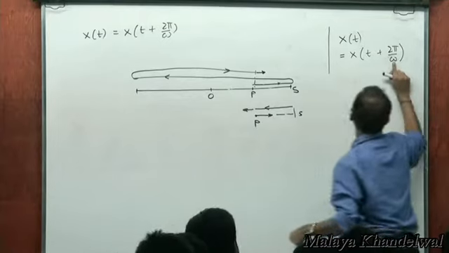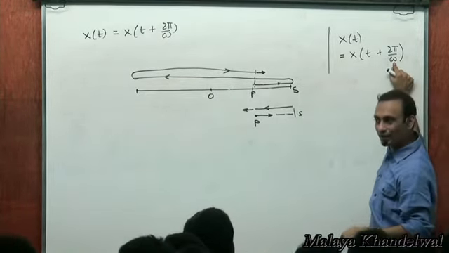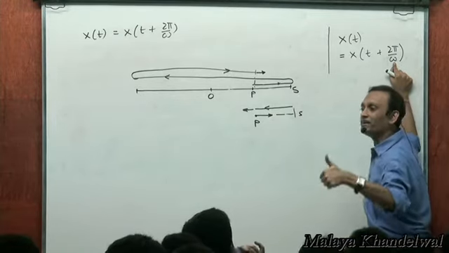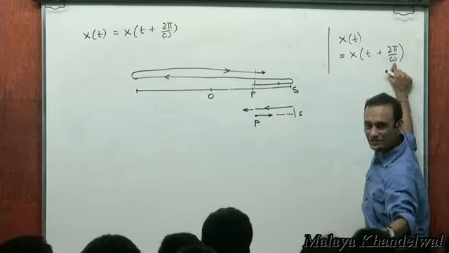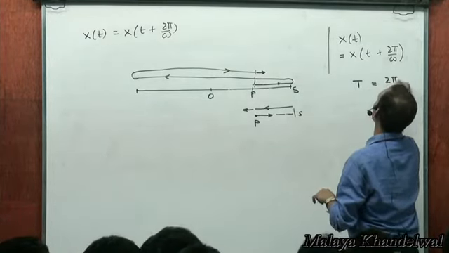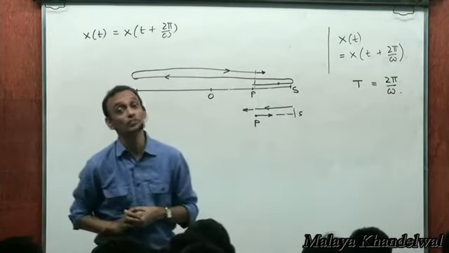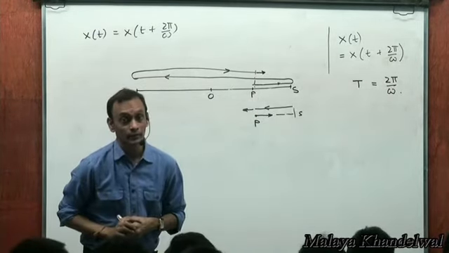And do you realize that this time is 2 pi by omega? In a time equal to 2 pi by omega, both x and v get completely replicated. So this must represent the time period of motion, which is 2 pi by omega. Right?